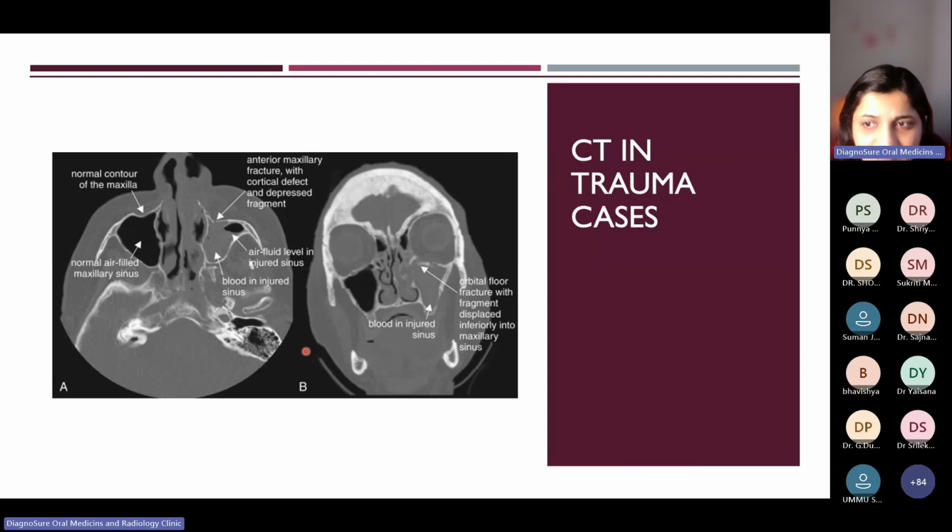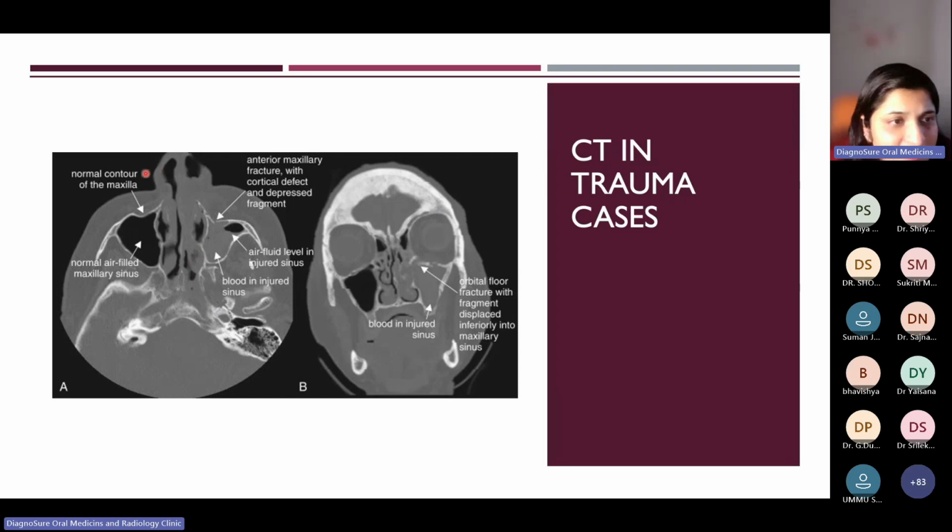CT scans help visualize complex fractures, internal bleeding, and other injuries, guiding immediate treatment decisions. So again, useful for emergencies. CT imaging can improve trauma care to a great extent. Since we get instant diagnosis, immediate treatment can be given. Ultimately, patient outcome is improved.